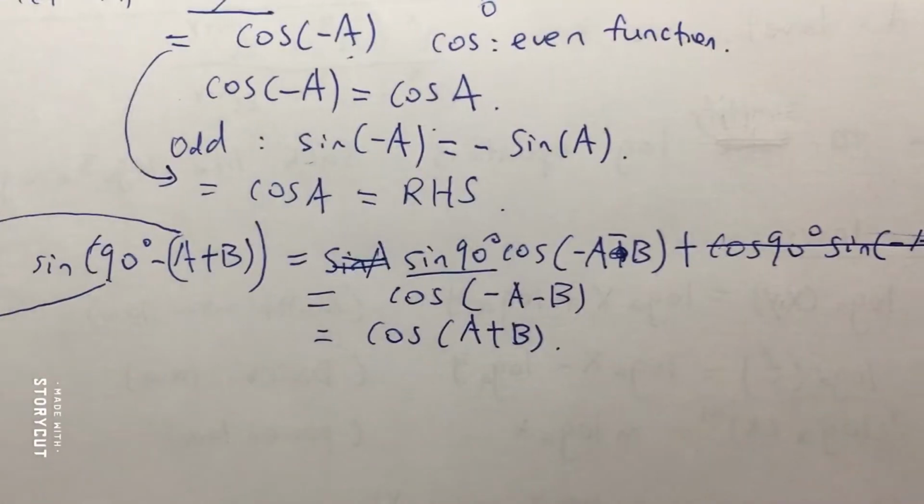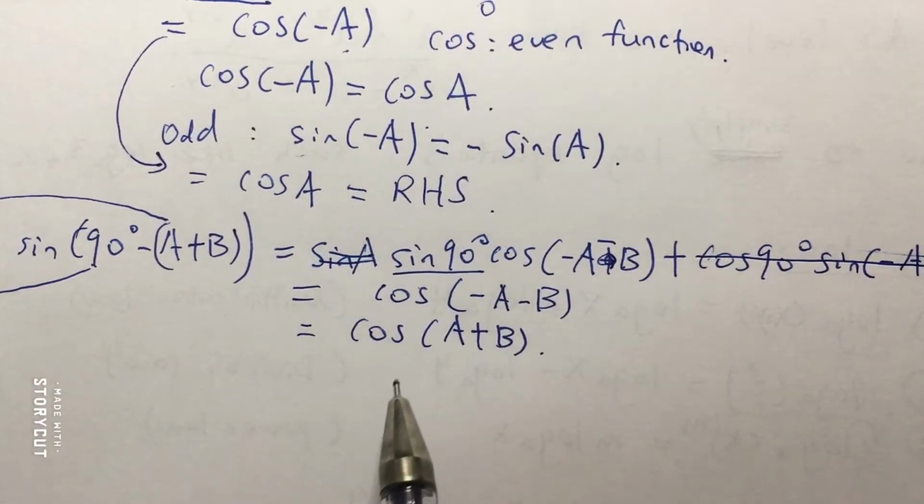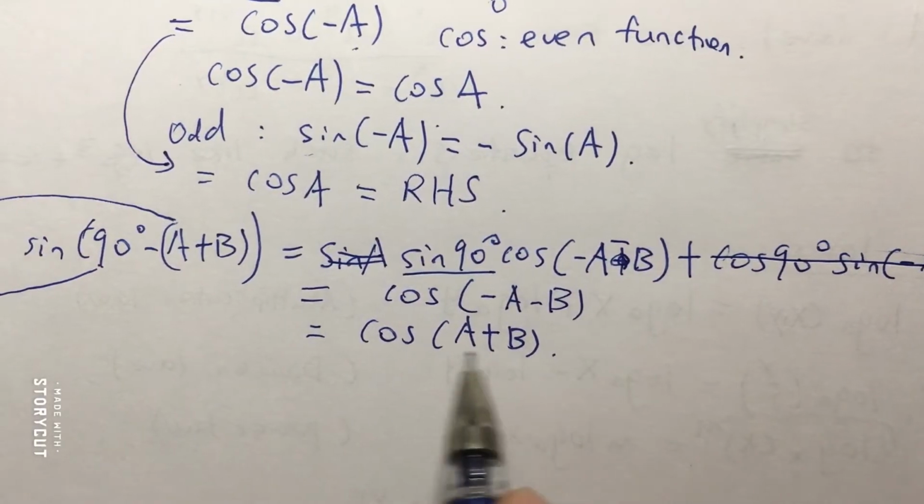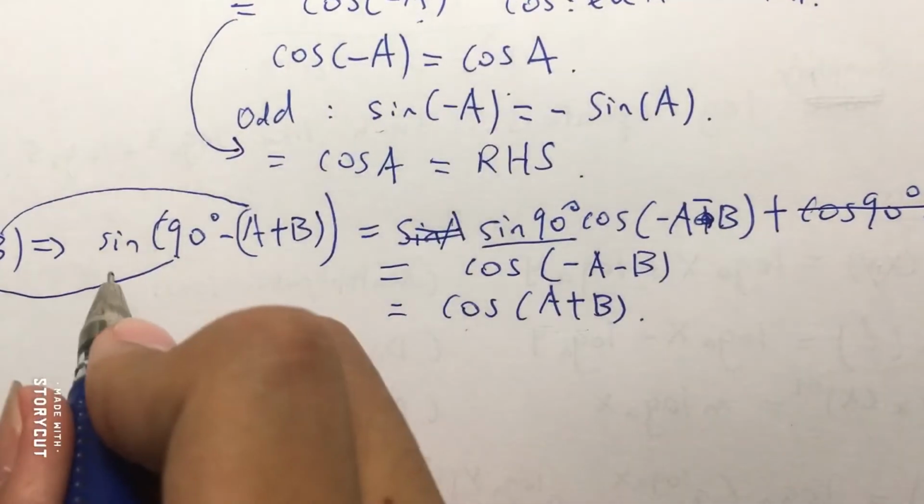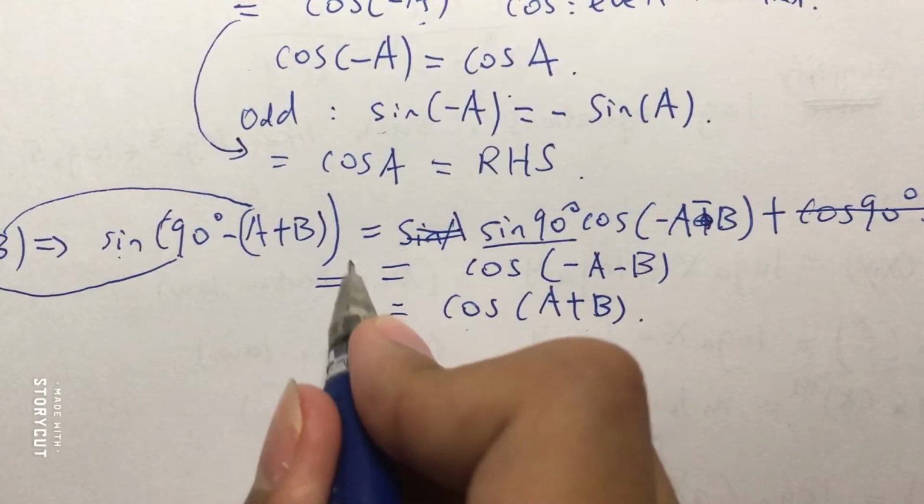So we get cosine (A plus B). This is in this direction.